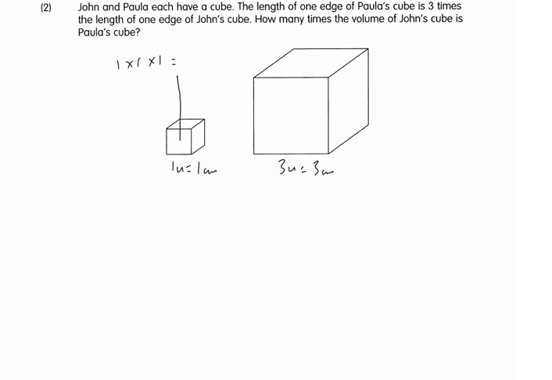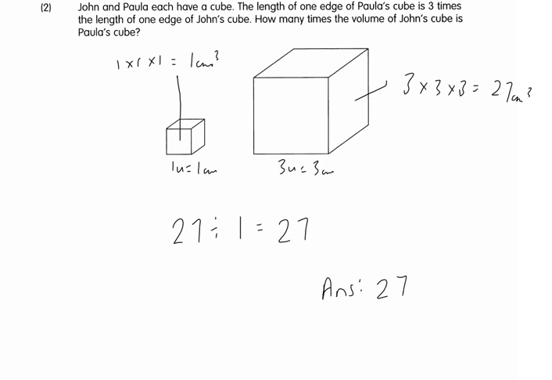So 27 divided by 1 equals to 27. So it's 27 times. So what does this number 27 times mean? It just means that you can fit in 27 of these small cubes into this larger cube. Yes?